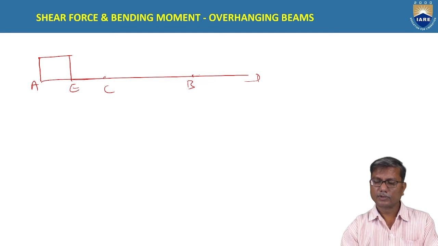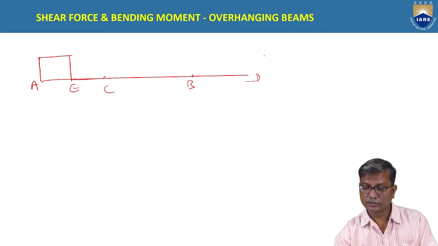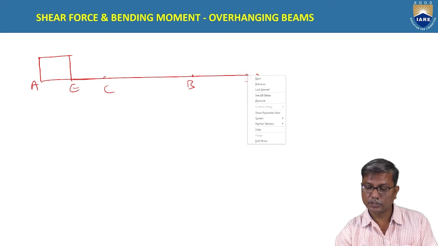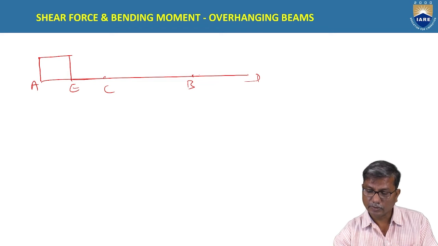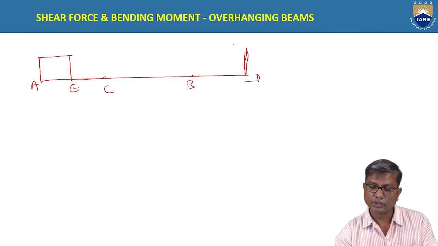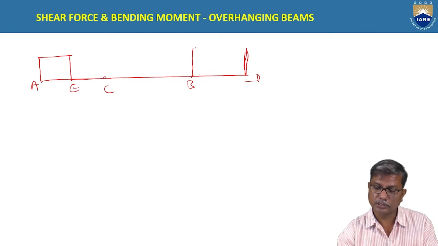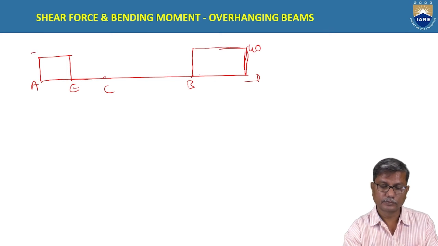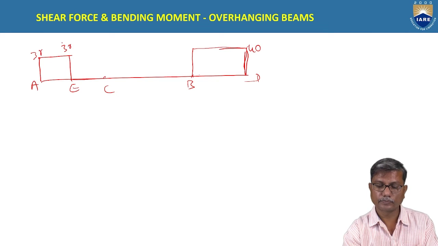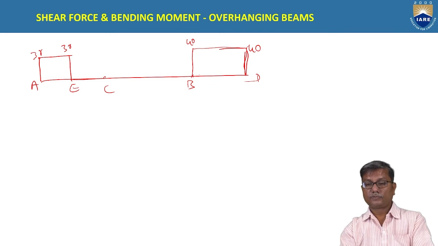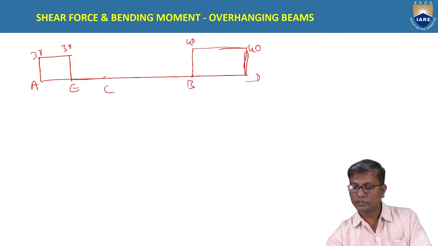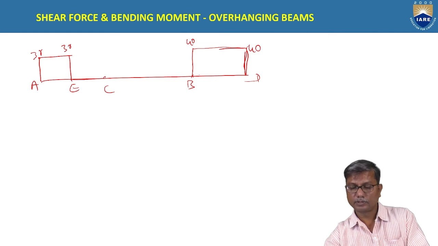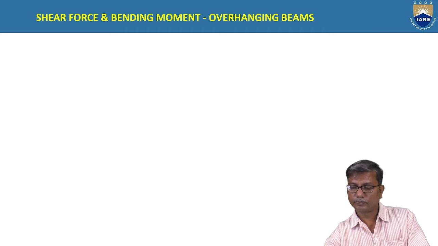Okay, and coming to this BD, shear force at D is 40, and which remains constant here. It is 30, and from 40 the shear force varies linearly here.